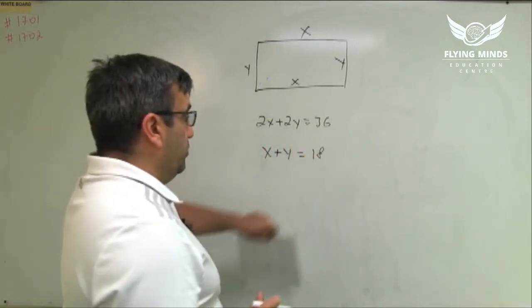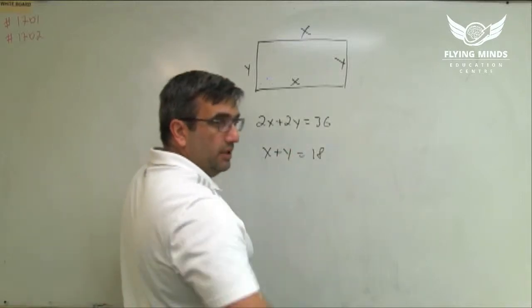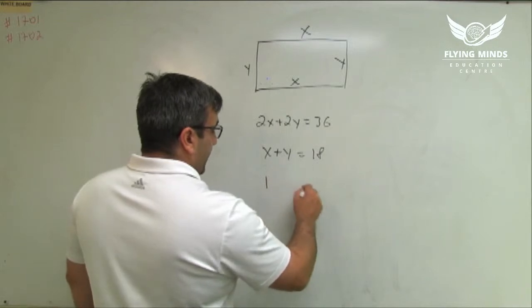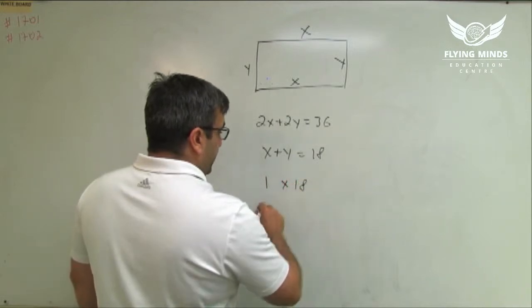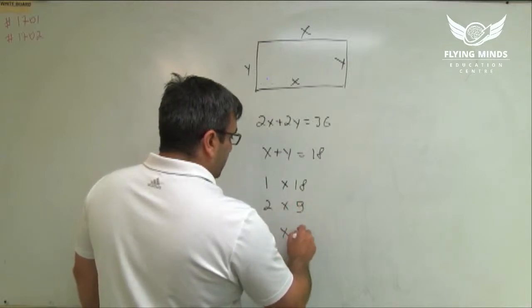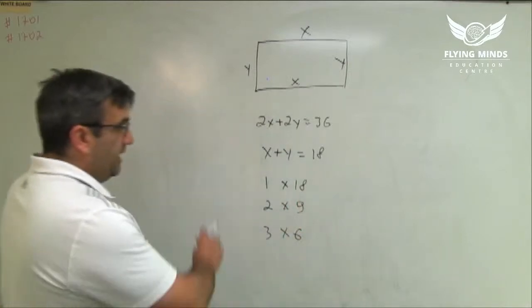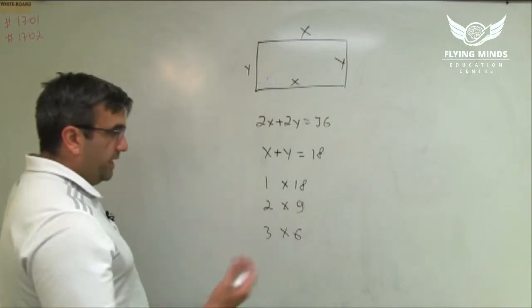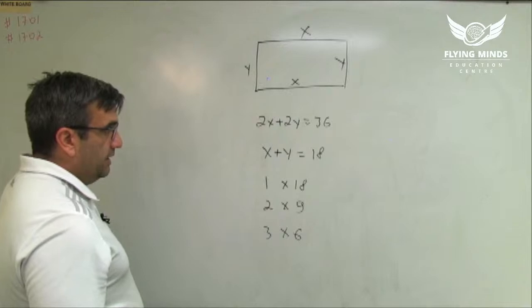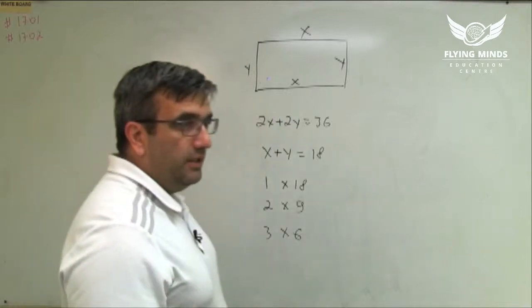So we need to list all possible factors of 18. So it's 1 by 18, 2 by 9, 3 by 6. Okay, so where do we get the biggest area?